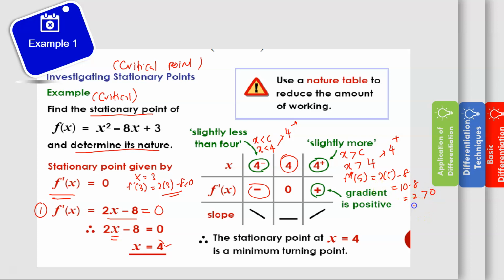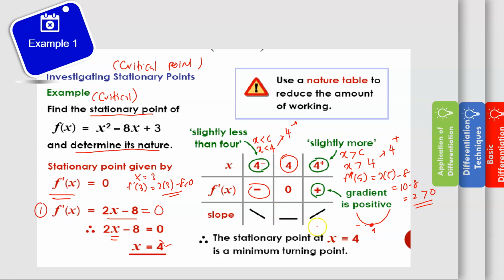It means that f'(x) is positive. When it is positive, the gradient is positive, so our slope will be going up. In this case, you will have a pattern like this. This is our critical point, which is at 4.